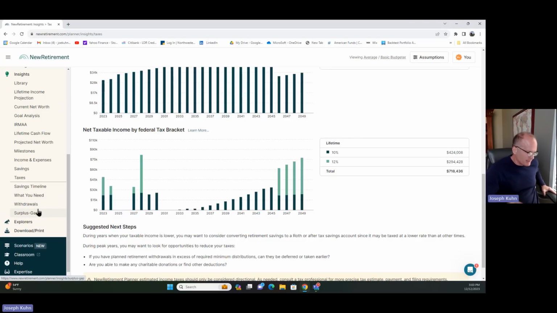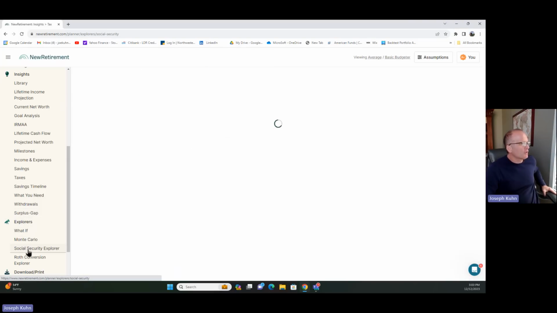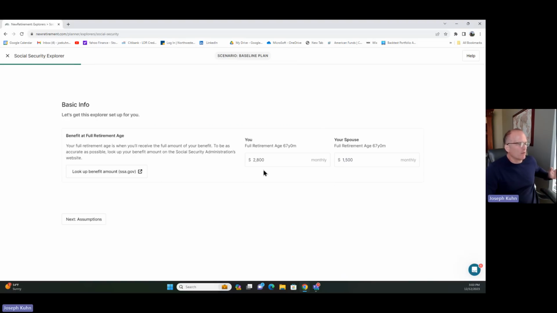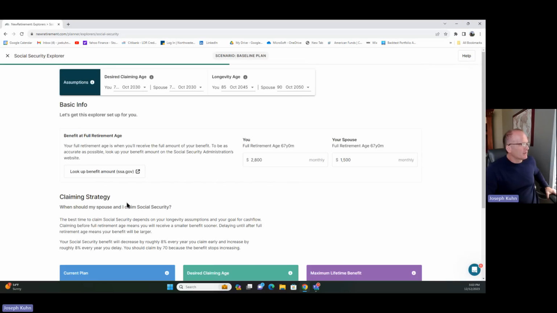So outstanding. Another feature is Explorers. There's the Social Security Explorer. So it takes you through, and I'm going to quickly jump through these, when you're taking Social Security, what they recommend you take for Social Security. Let's get to that.